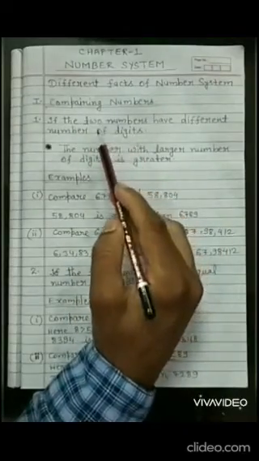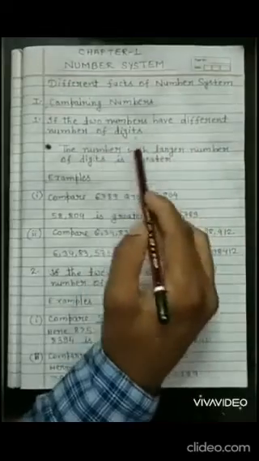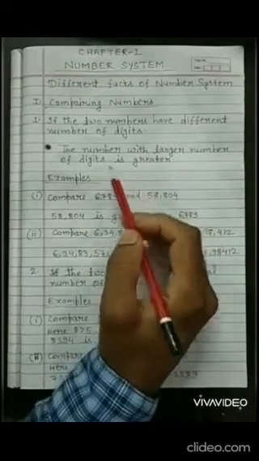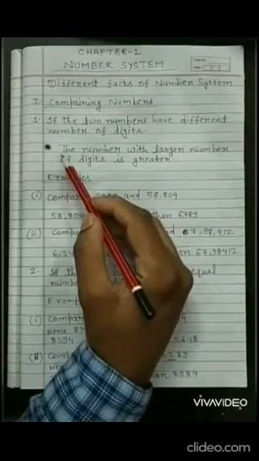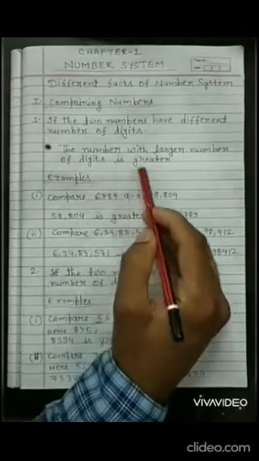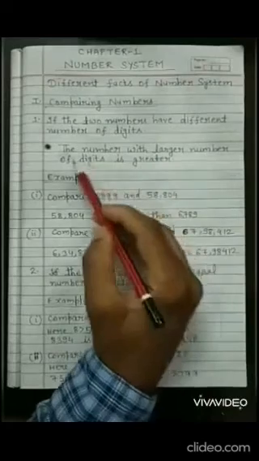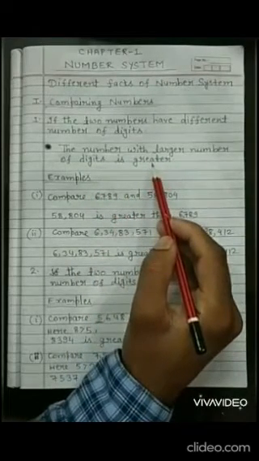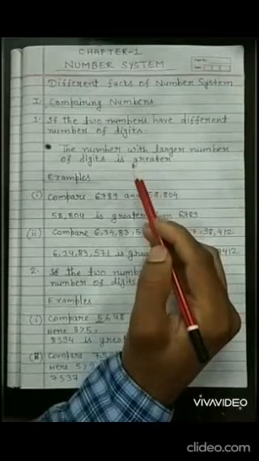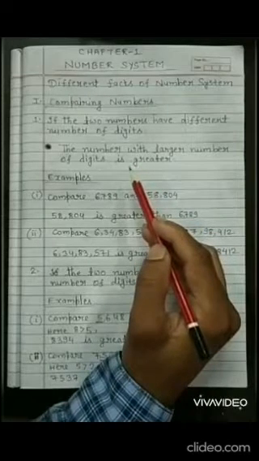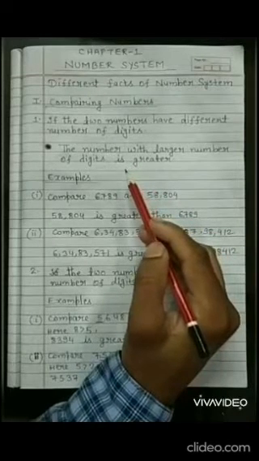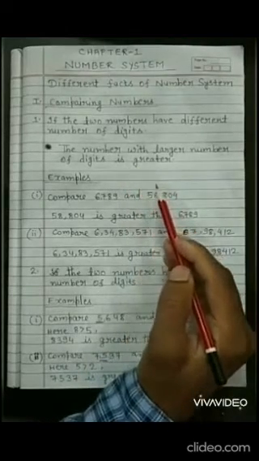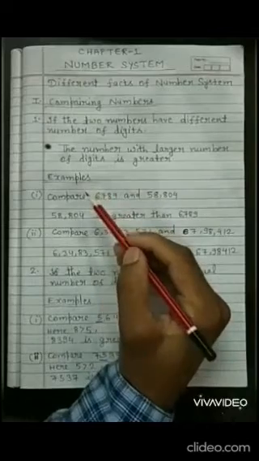Then how do we compare? I have written: the number with larger number of digits is greater. If we have to compare two different numbers, then we have to see which number has larger number of digits. I have given some examples here.